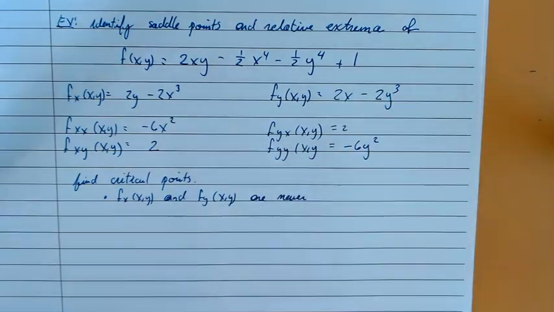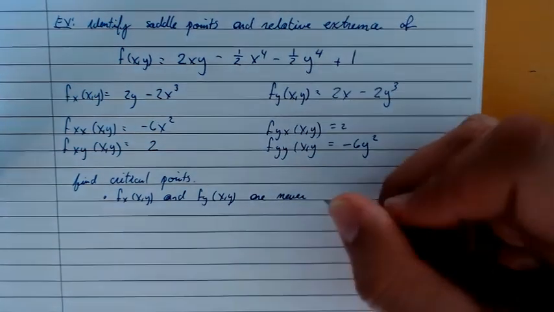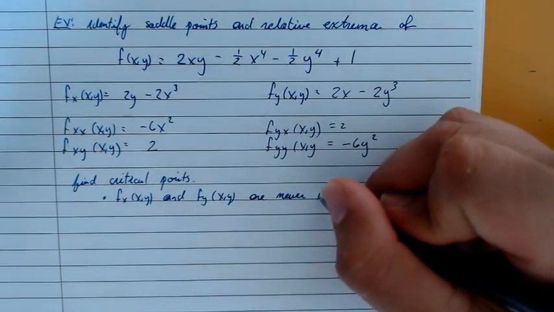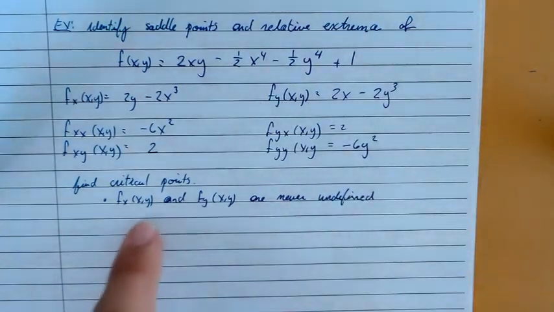If either of them was undefined, then you'd have a critical point at whatever point those are undefined. But since that doesn't happen, you never get any critical points from that.